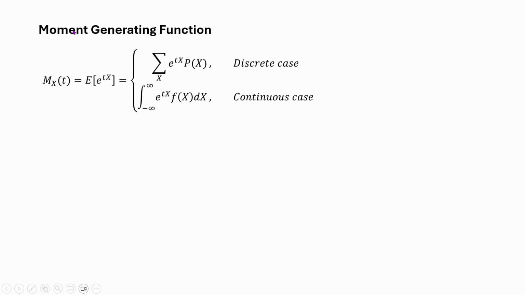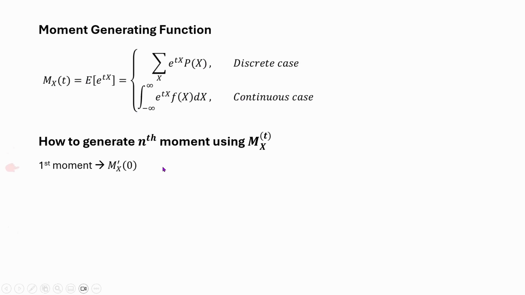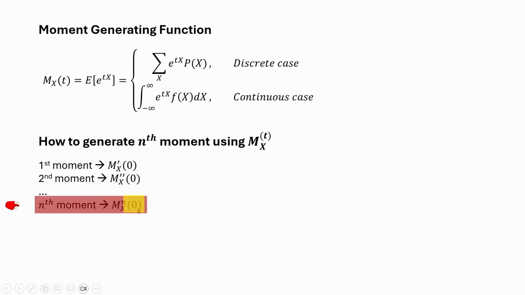So now that you have the moment generating function M_X(t), how exactly do you use it to generate the nth moment? It is very easy. In order to generate the first moment, you take the first derivative of M_X and you equate this t variable to 0. For second moment, you do second derivative and equate to 0. For nth moment, you do the nth derivative and equate to 0. That is how easy it is.